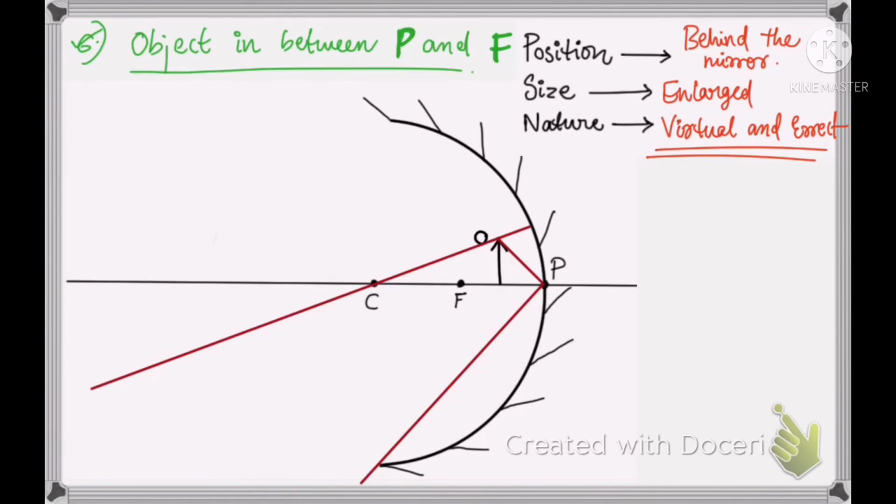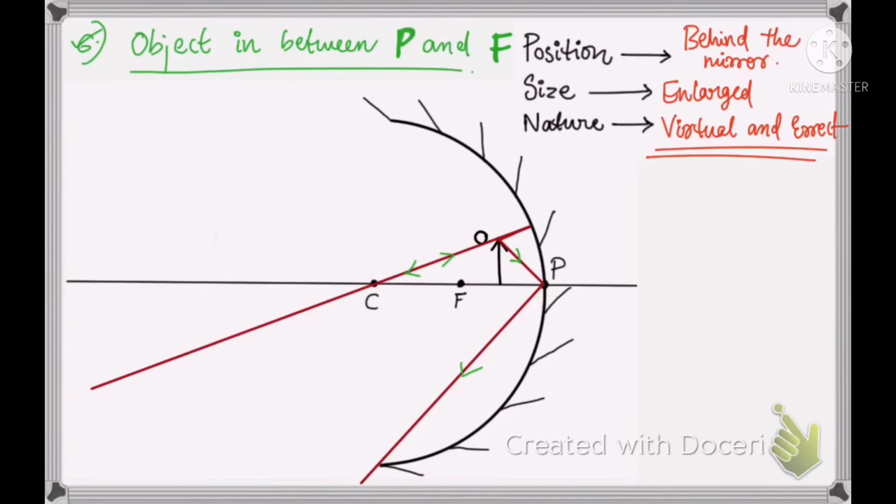So now we can consider any two rays. We can consider a parallel ray also. See, if we consider a parallel ray, it is going to reflect through the focus like this, but I thought to consider something else this time. So now as you can see here, this is the reflected ray and this is the incident ray. So now what can you see? The reflected rays are diverging, they are moving away from each other.